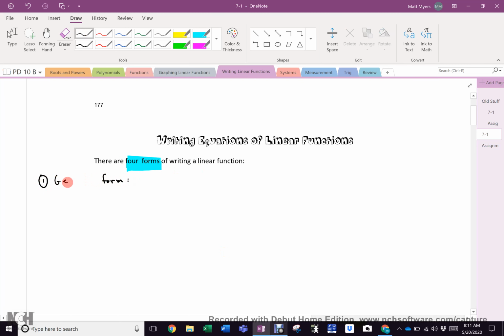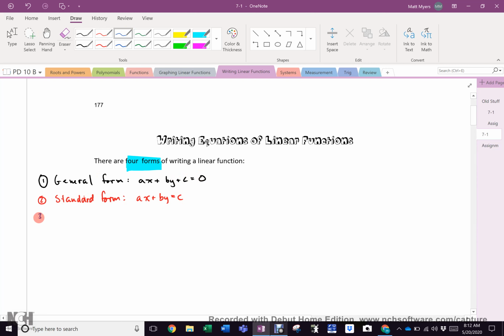I like to start with general form. So I can make this joke. Yes, sir. AX plus BY plus C equals 0. Then there's his ugly cousin, standard form, which is AX plus BY equals C.